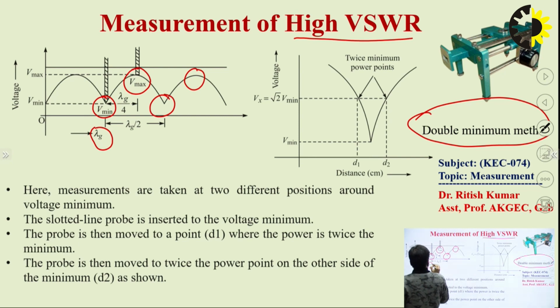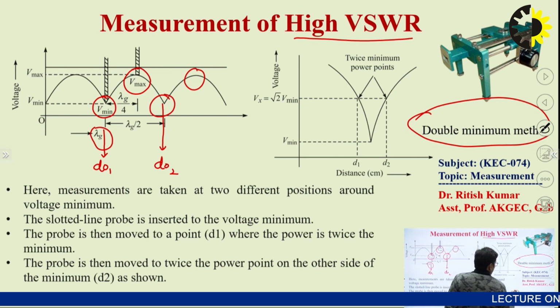So now I am considering here the two minima, and the distances corresponding to these two minima, we can say D01 and D02. As we know, the separation between two minima is always equal to lambda g by 2.